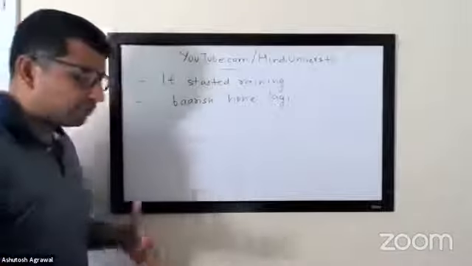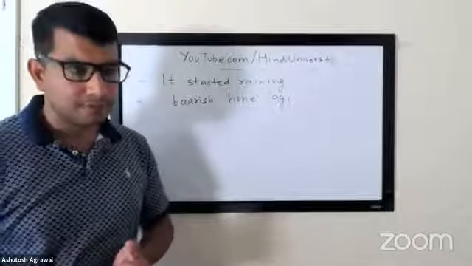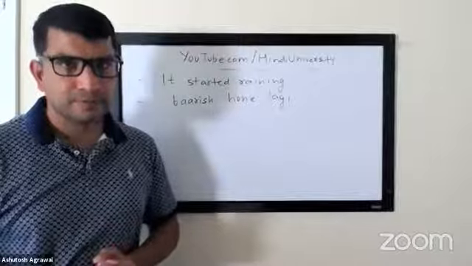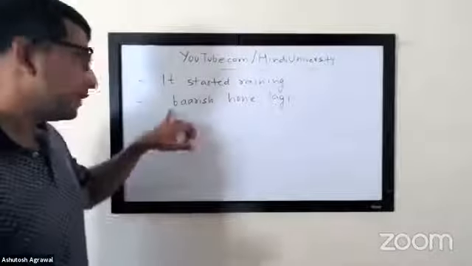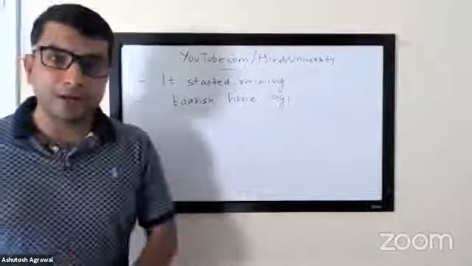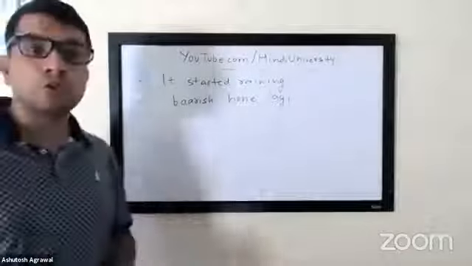Okay, and what was the sentence you used before? हम बाहर आए. Okay, good. So जब हम बाहर गए और जब हम बाहर आए, हमने देखा कि अचानक बारिश होने लगी.